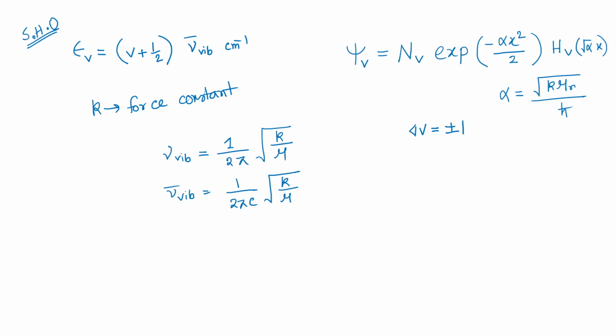In that case, where the Born-Oppenheimer approximation holds, that will give us one kind of spectrum, and another will come where there is a breakdown of the Born-Oppenheimer approximation.